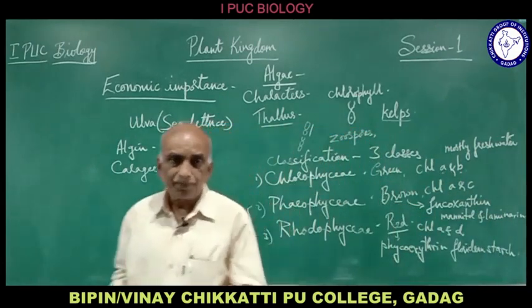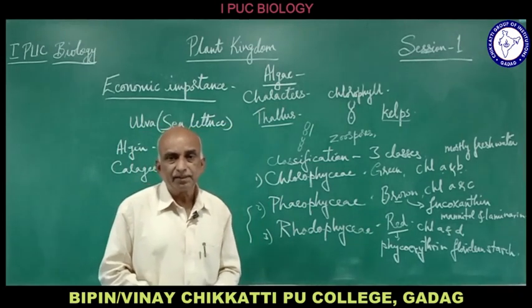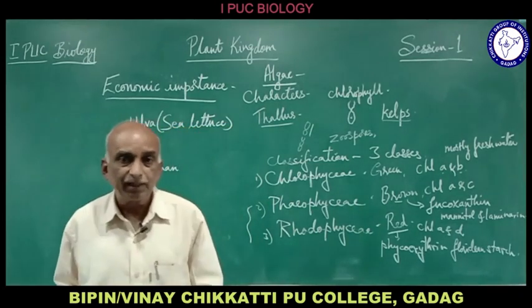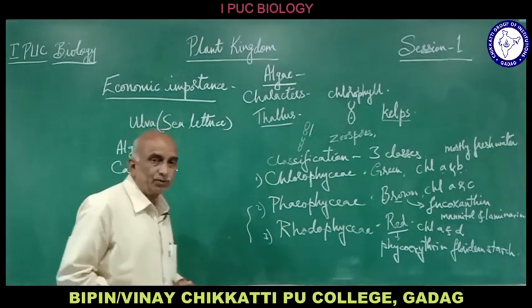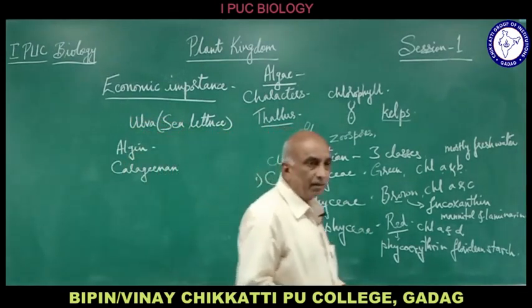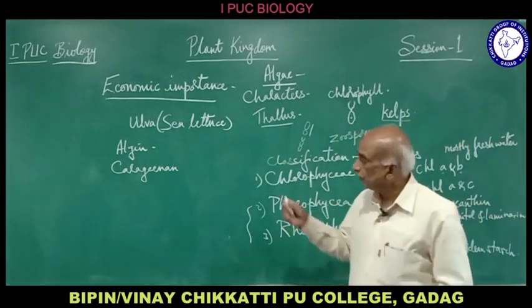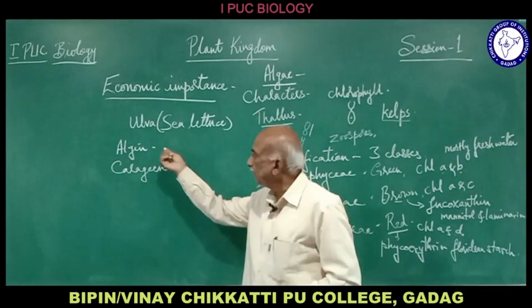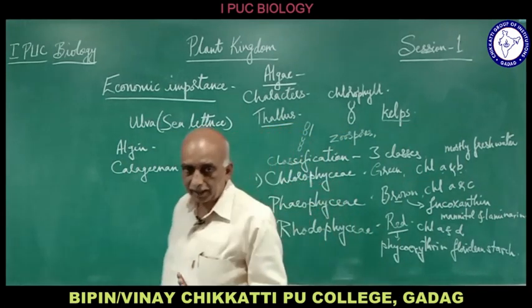Algin is used for stabilizing emulsions and in certain industries, and carrageenan is used in brewing industries and also in textile industries. So various uses of algae are possible. All these are obtained from brown algae and red algae.